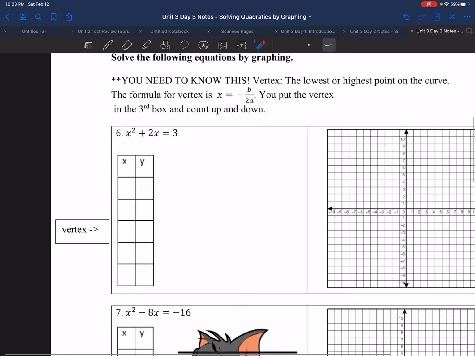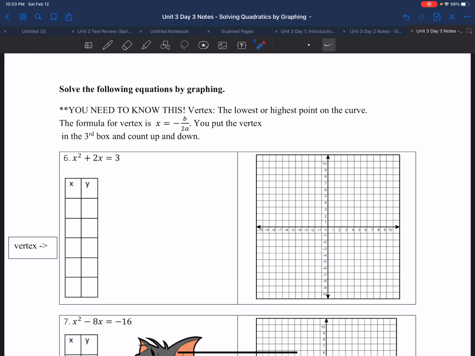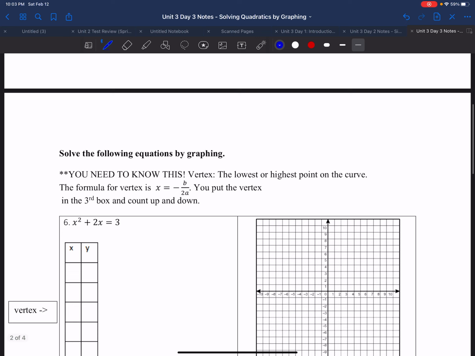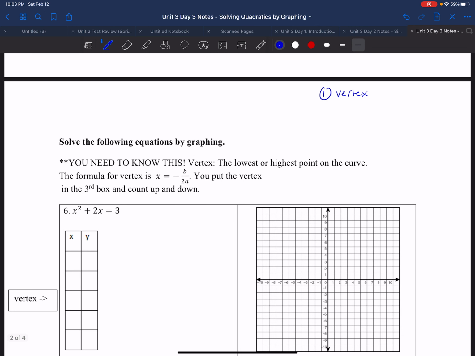So my first step is to figure out, let's write our steps. Our first step is to figure out the vertex, and then figure out what numbers I need to put before the vertex and also after the vertex. So, number 1, find the vertex. 2, input x values up and down.